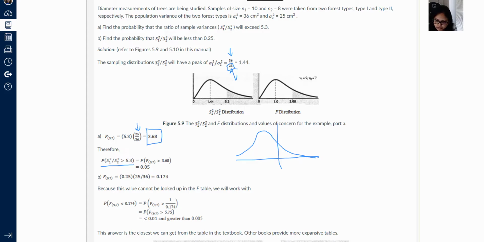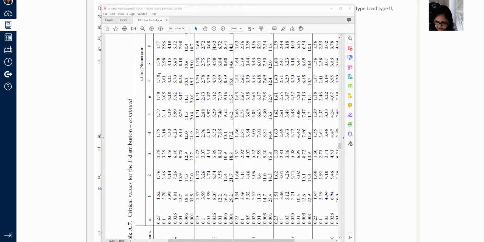In the denominator we have 7, in the numerator we have 9. So we need to use 9 and 7. You can see these are the values we have to work on, and the value we are looking for is 3.68. We found the exact value of 3.68.